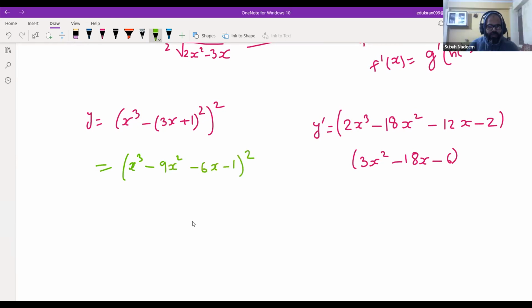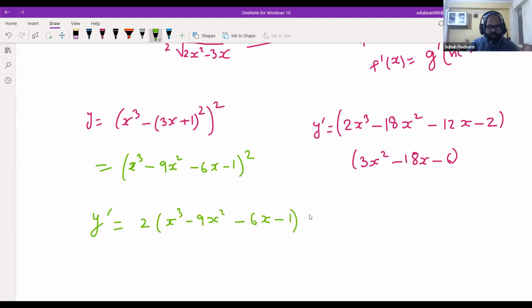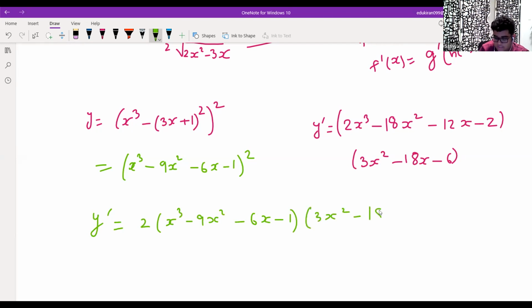Then after that, I differentiated it, and then I got 2 into the whole x cube minus 9x squared minus 6x minus 1, and into 3x squared minus 18x minus 6.